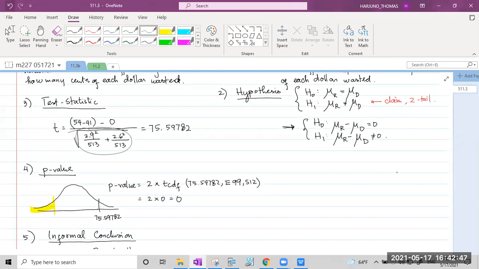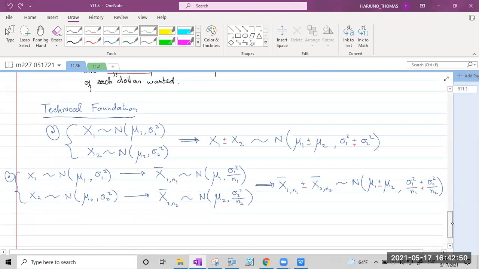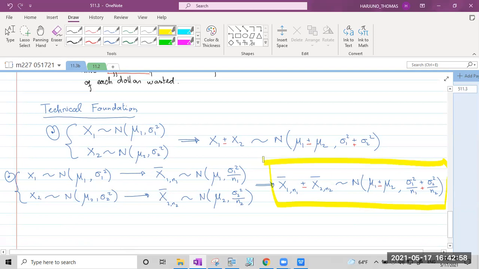According to the central limit theorem, we have this situation: the sum or the difference of sampling distributions will be normally distributed, whose mean depends on whether you add or subtract the means, yet the variance will be the sum of the variances of the sampling distributions. That's why on the top right, you subtract mu1 minus mu2.